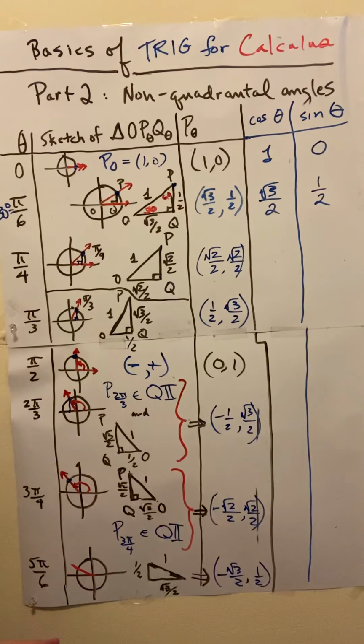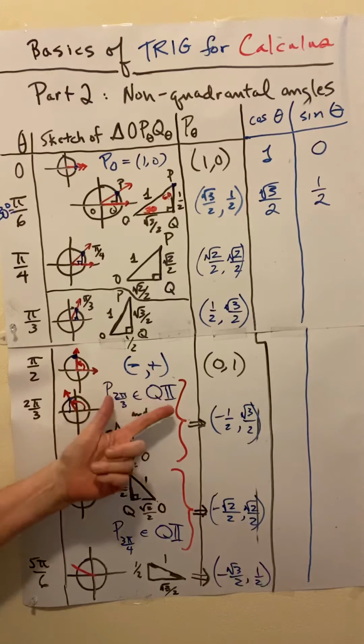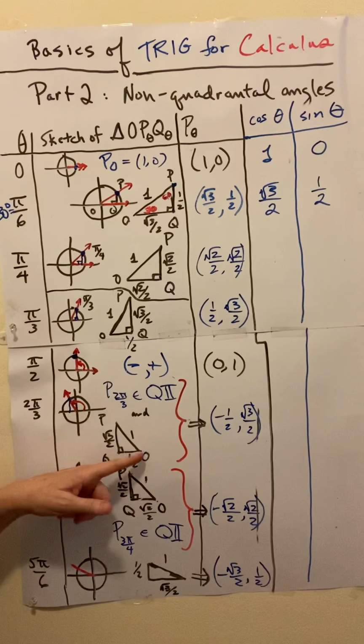You don't have to memorize, or you have memorized that from your algebra days, right? So you don't need to write it down anymore. That should be pretty obvious. But in quadrant 2, negative x coordinate, positive y coordinate. You can overlay that fact with the fact that if you drop P sub 2 pi over 3 down to Q sub 2 pi over 3, you get this right triangle here.